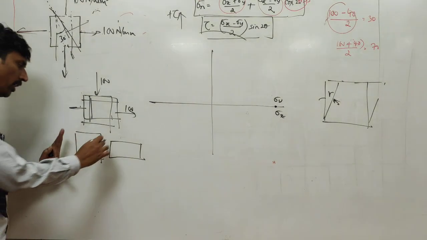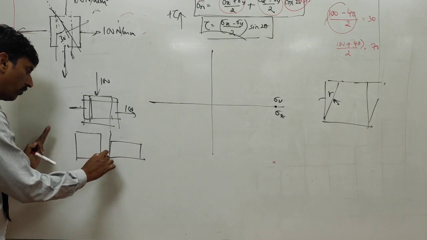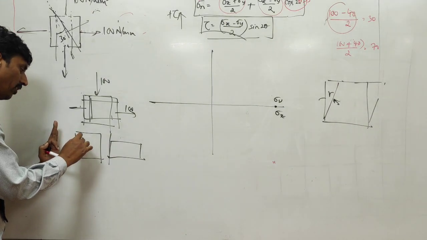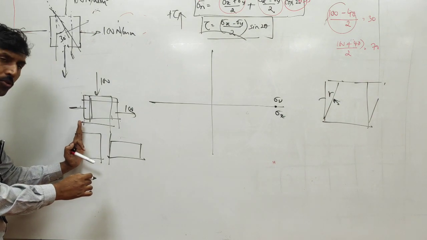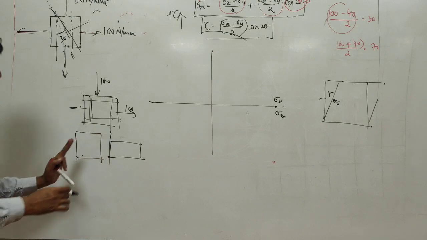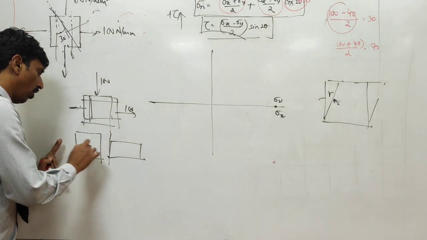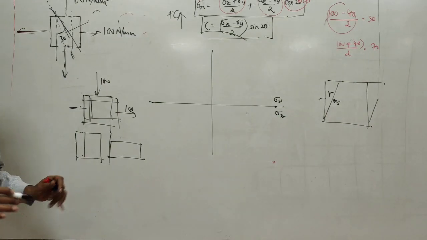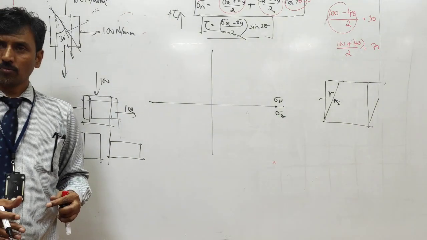So now if you consider this edge, and if you have drawn a line, it is very difficult to say whether it is inclined or not, but I can say that the shape has changed.